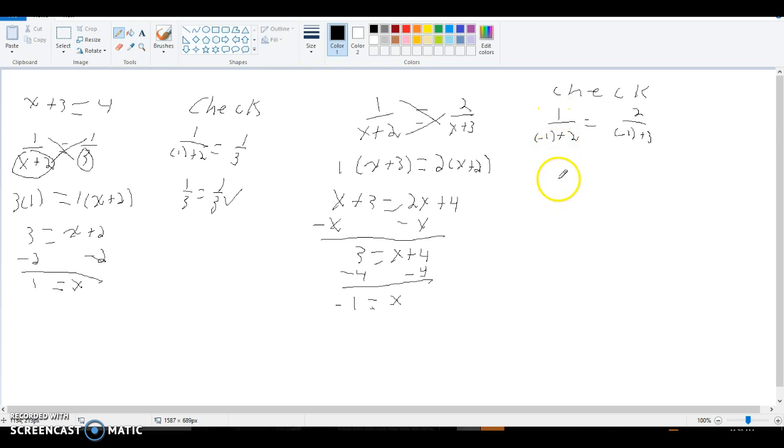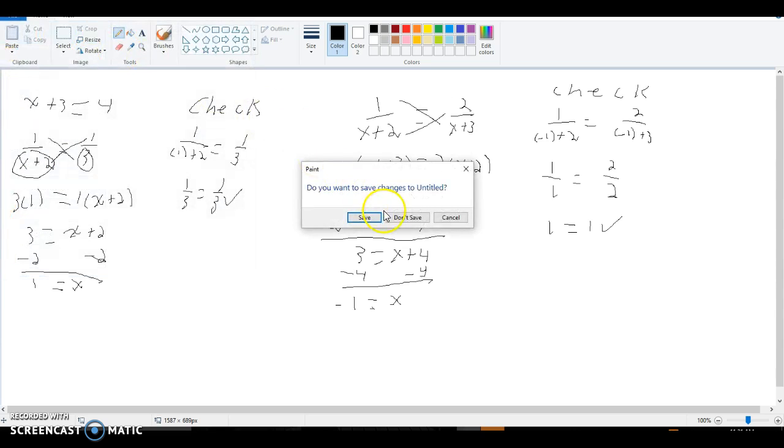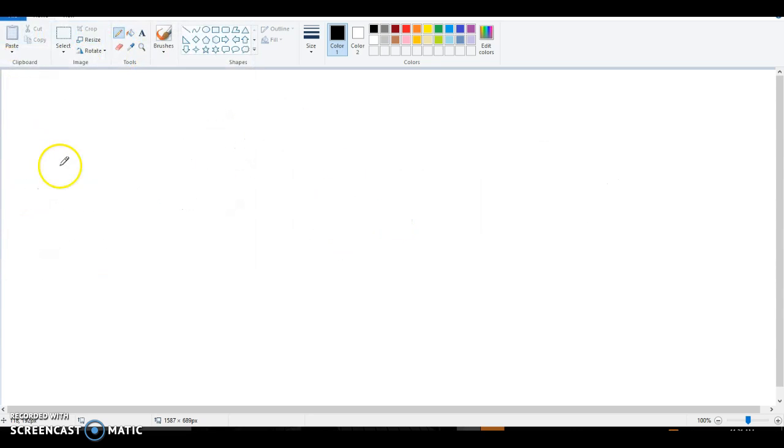And when we simplify both sides of our equation, we have 1 over 1 equals 2 over 2, which both equal 1. So our solution checks.